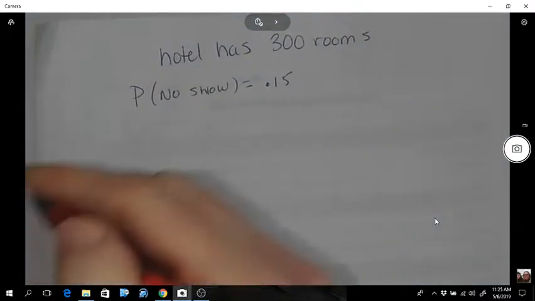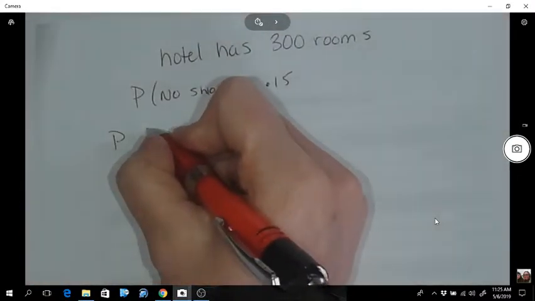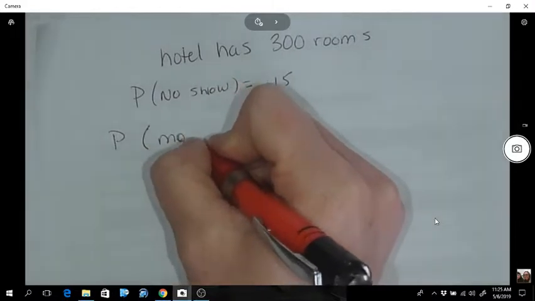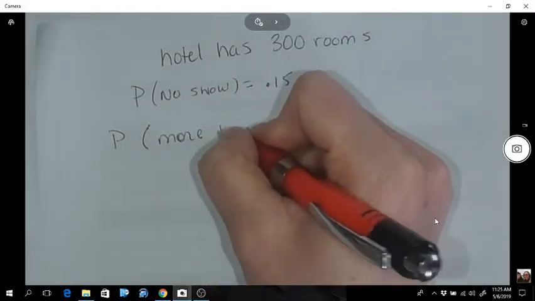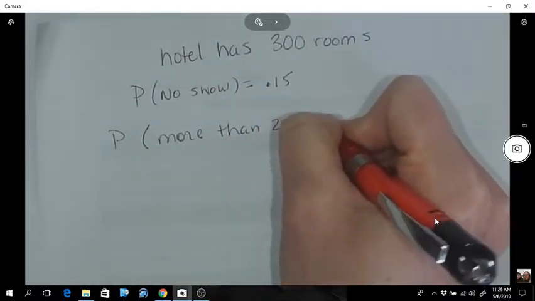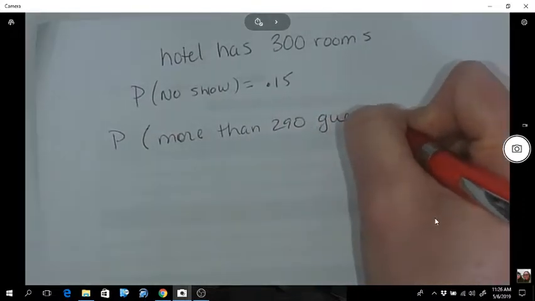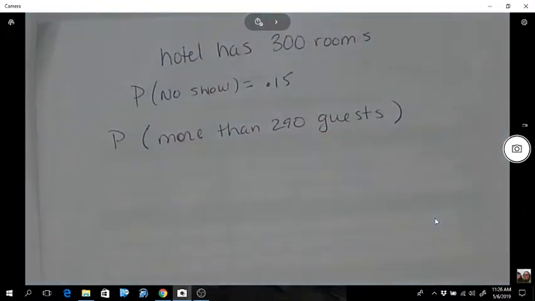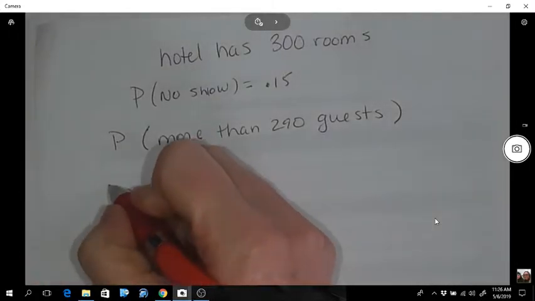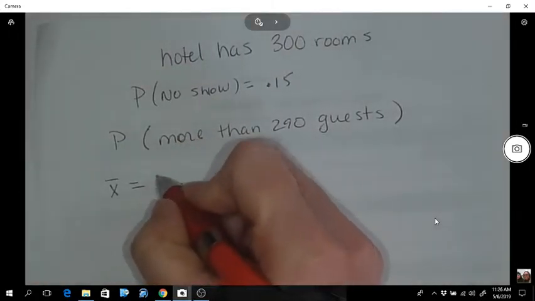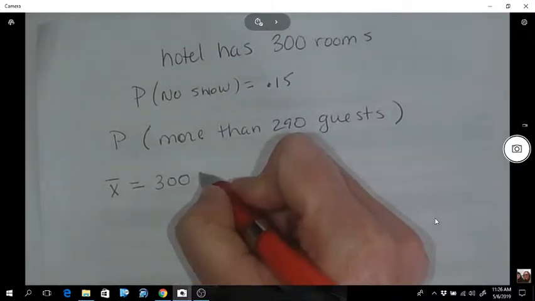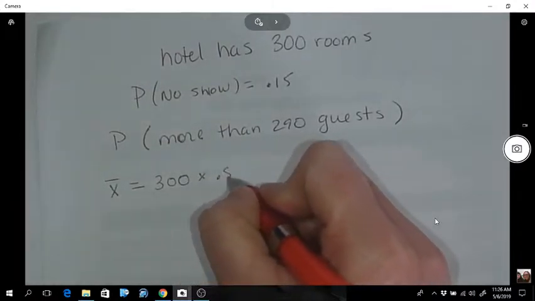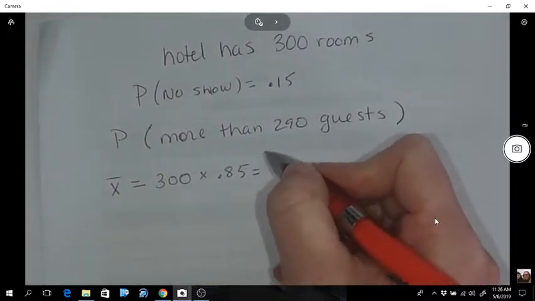Okay, here's the question. Find the probability of more than 290 guests. So here's what we're going to do. Our mean is 300 rooms times the probability of people coming.